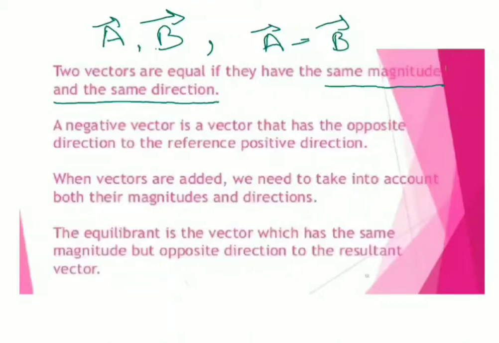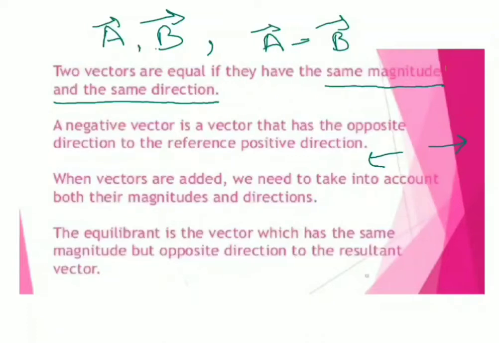Whenever you see a negative sign on a vector, it doesn't mean that the quantity is negative, it means the direction is opposite to the other quantity. For example, we assume vector A is moving in this direction, and if a second vector B is moving in the opposite direction with the same magnitude, then we can use a negative sign on vector B with respect to A. This is the meaning of the second property.